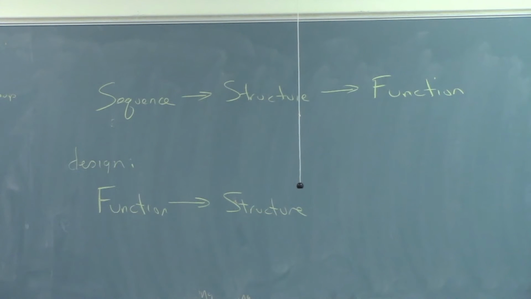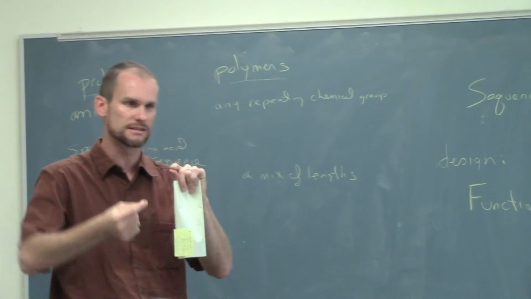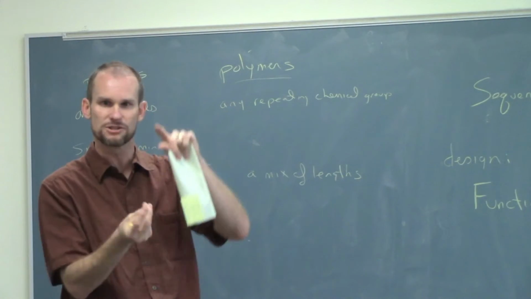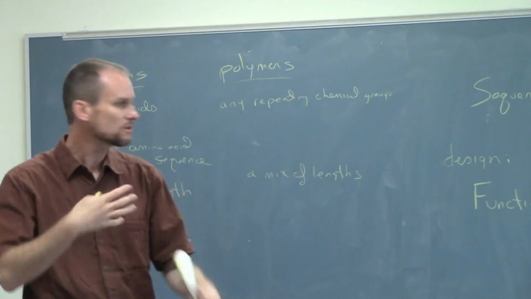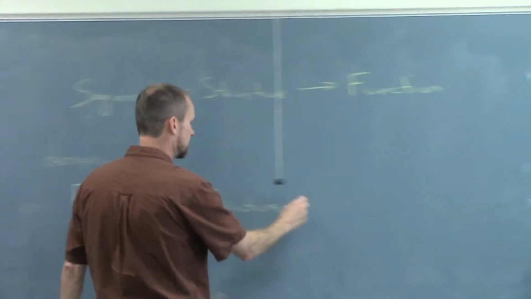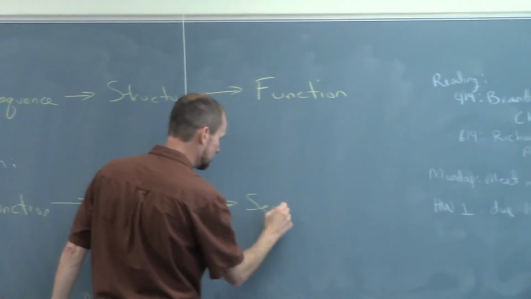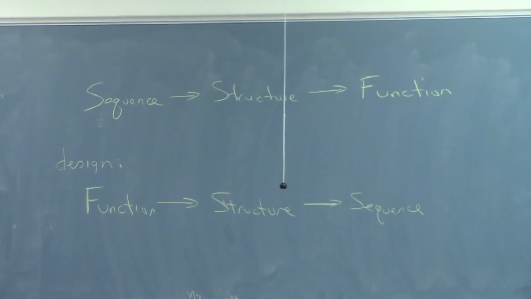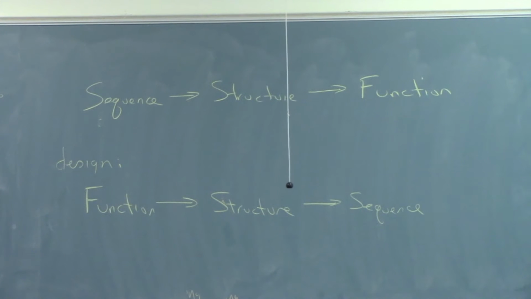Say you had a particular reaction you want to do: you need to put a nucleophile in the right place and a hydrogen bond donor in another place, and a place for the products to come out somewhere else. You position these groups in space, so you might define a structure, and then from that structure you might ask, what kind of sequence could fold into that structure. So the design process is going to go in reverse. We're going to start with the function to derive the structure to derive the sequence.